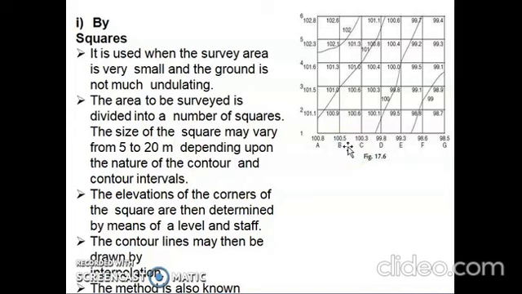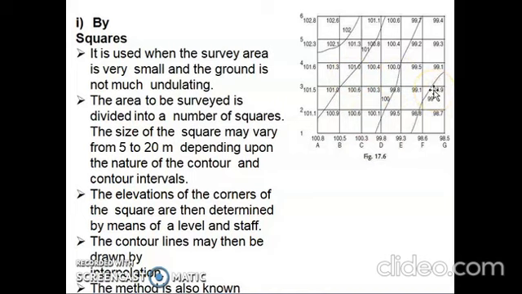So once you mark the grid, you take the readings at every junction, that is at A1, A2, A3, A4, A5, A6. Similarly at B1, B2, B3, B4, B5, B6. And then this particular grid is drawn on paper, and the points of similar elevations are connected to each other.